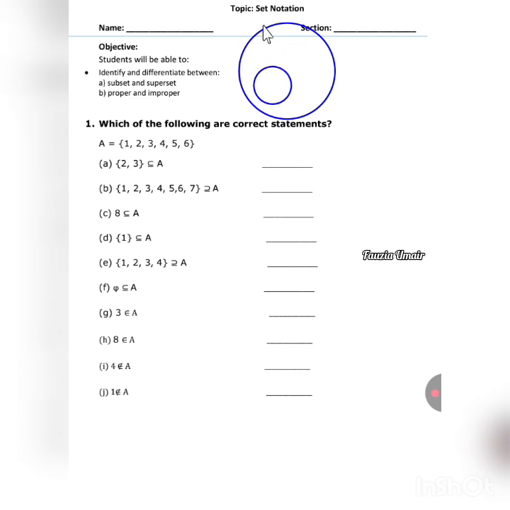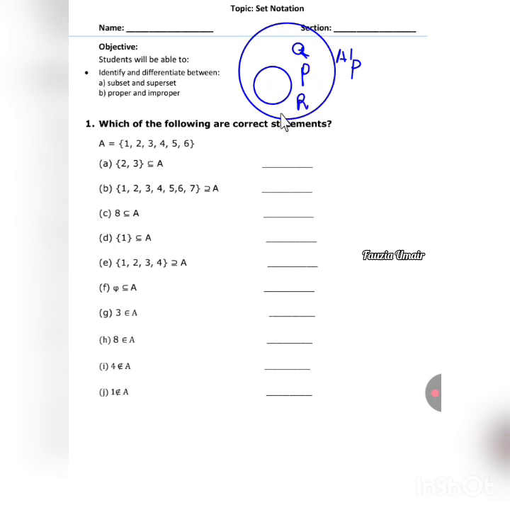For example, if we say the set of English alphabets, English alphabets will be here. Q, P, R are outside.